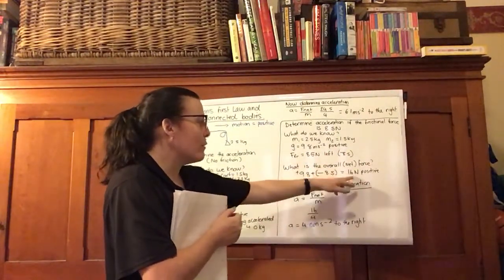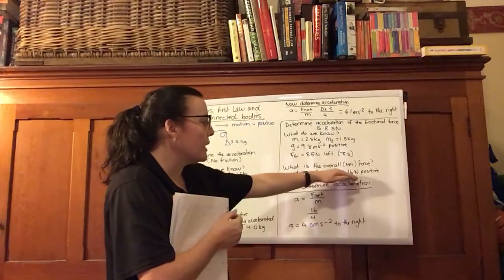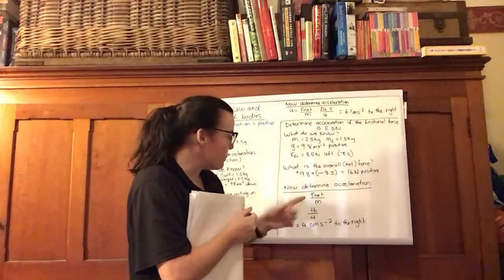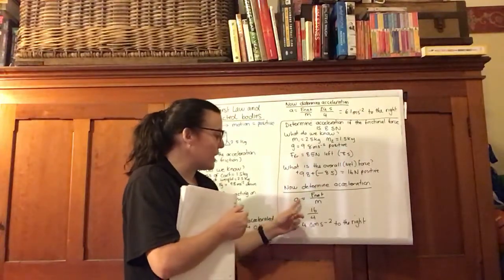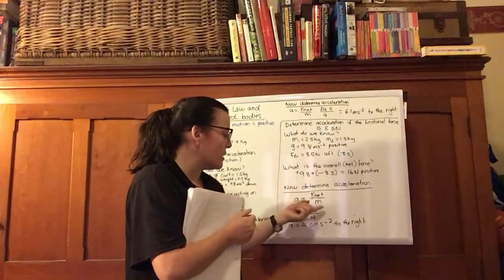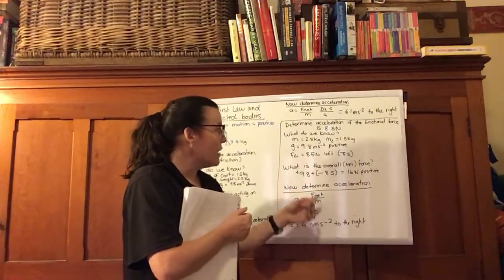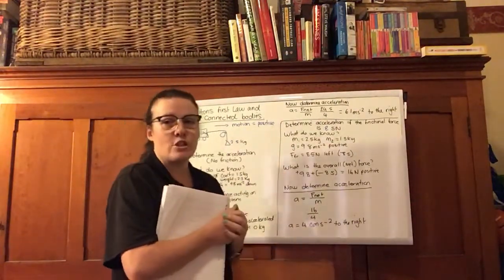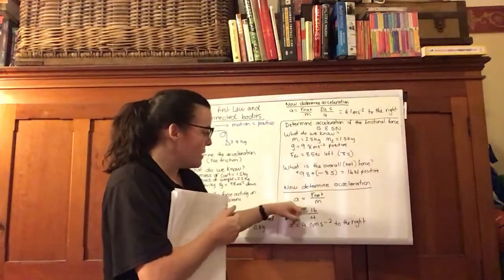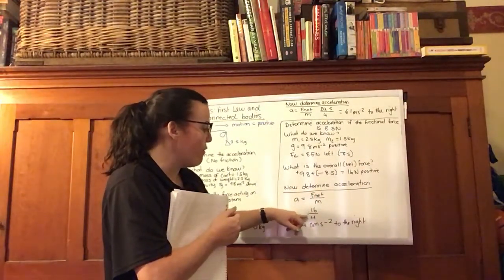Okay, now that we have our total force, we can work out the acceleration. So again, acceleration is equal to the net force that's acting on the system divided by the mass. So again, this is the acceleration of the cart, so it's the mass of the whole system. So it'll be 16 divided by 4.